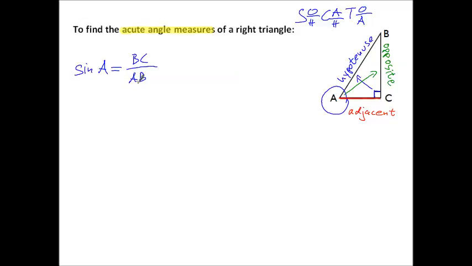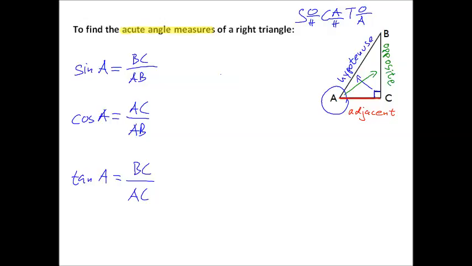We could use the cosine of angle A, which is the adjacent, AC over the hypotenuse AB, or we could use the tangent of A, which is the opposite over the adjacent, BC over AC. It really depends which sides we're given.